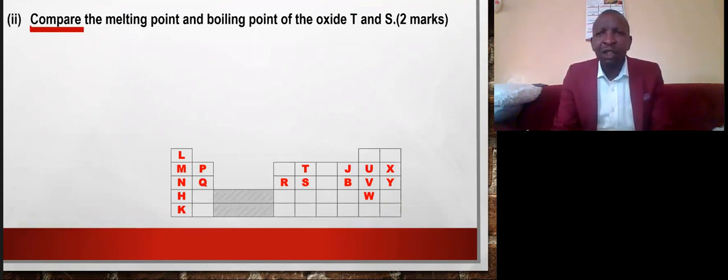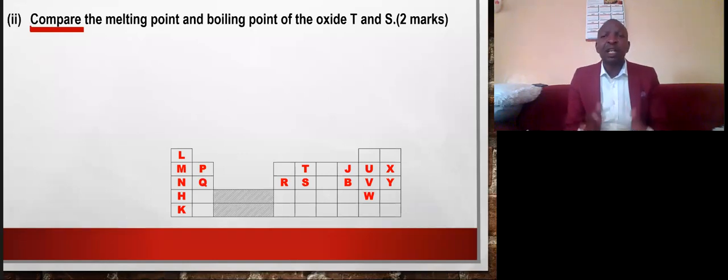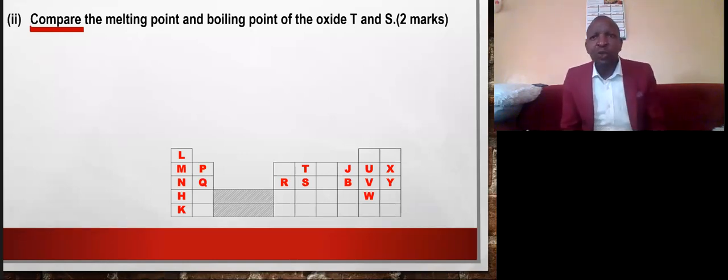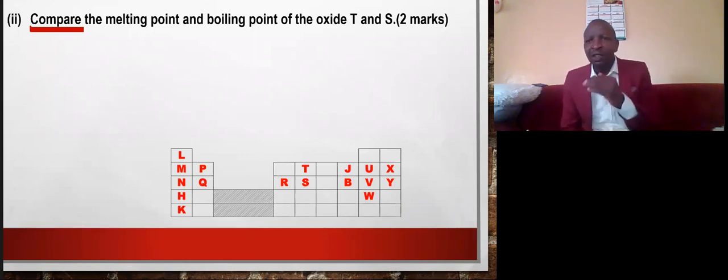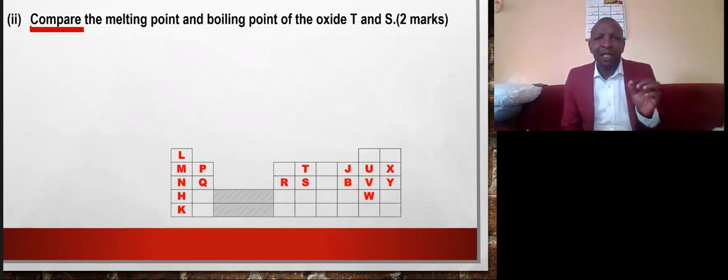After the statement of comparison, if you're comparing substances with different structures, you tell us this one has this kind of structure with this kind of forces, and the other one has that kind of structure with those forces. So in this kind of question, the examiner expects you to say which of the two has a higher melting point. You say the oxide of S has a higher melting point than the oxide of T, that's the first marking point.